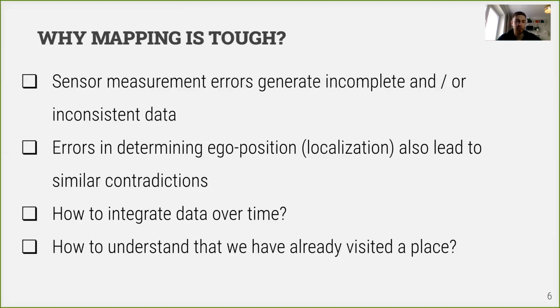So we have to come up with a mechanism to say that we have already been in this place and have already seen what we see right now with our sensors. It allows us to decrease error, because error can drift in time, and understanding that we already visited some place allows us to minimize the error which is summed up over time.